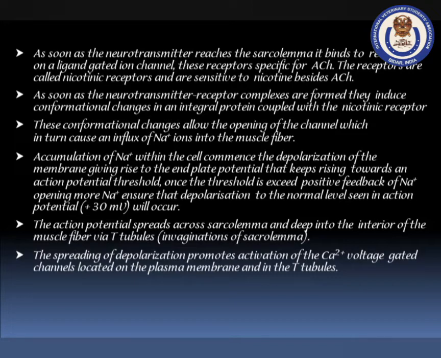The action potential spreads across the sarcolemma and deep into the interior of the muscle fiber via T-tubules. What are T-tubules? T-tubules are the invaginations of the sarcolemma. The spreading of depolarization promotes activation of the calcium voltage gated channels located on the plasma membrane and in the T-tubules.